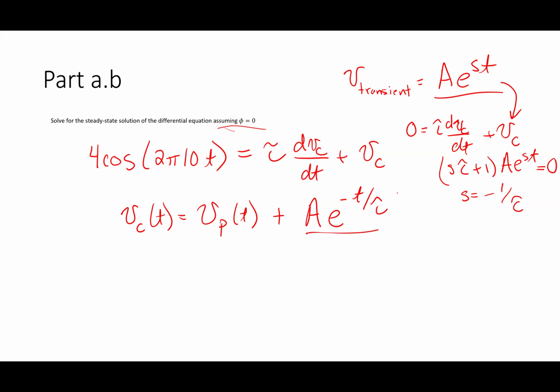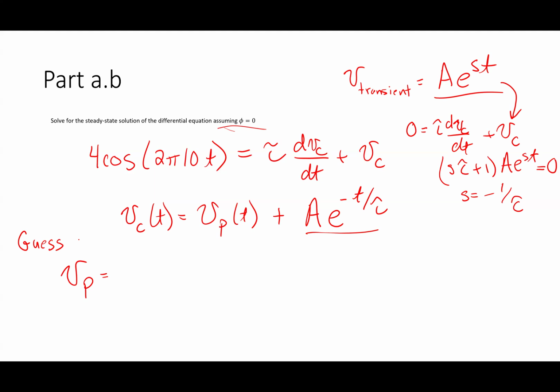All right. And so the particular solution, if the input to this thing is a cosine, the output is a cosine. So how should I write that here? 4 cosine 2 pi 10t. What is my guess? I guess Vp equals what?